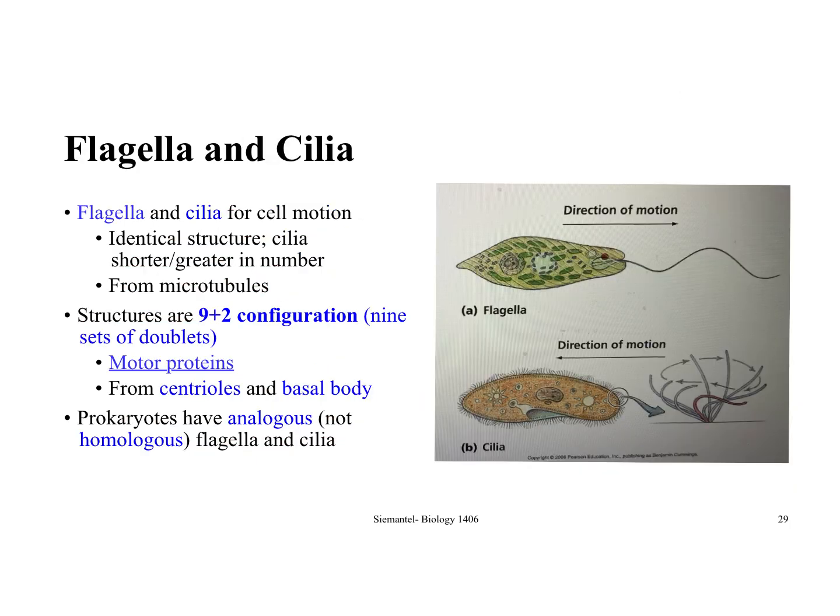So like I mentioned before, some cells have extra features like cilia and flagella that aid in movement. Their structures are the same, but cilia are shorter and more plentiful, and flagella are longer and fewer.